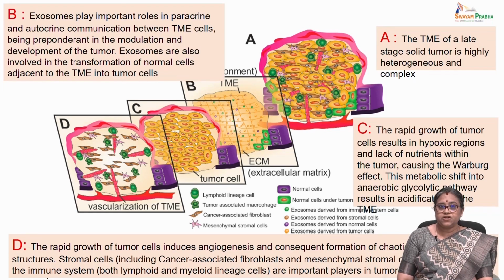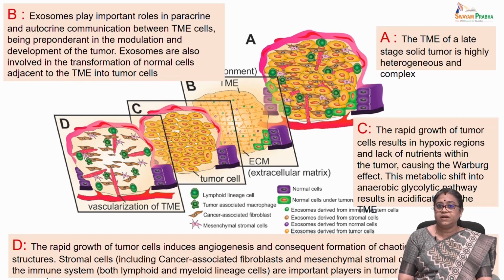Now, the picture here shows the different components of a tumor microenvironment. Cartoon A is the tumor microenvironment of a late stage solid tumor. You can see that it is highly heterogeneous and complex.